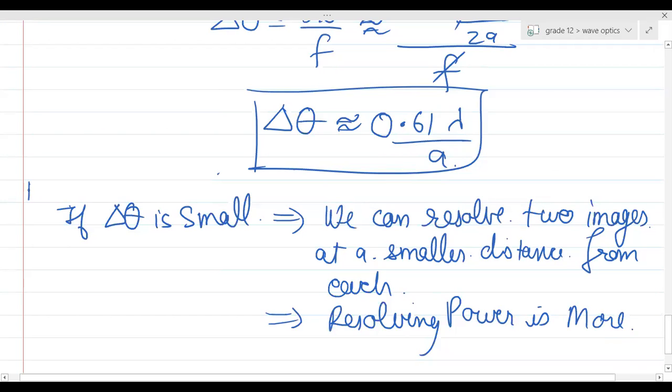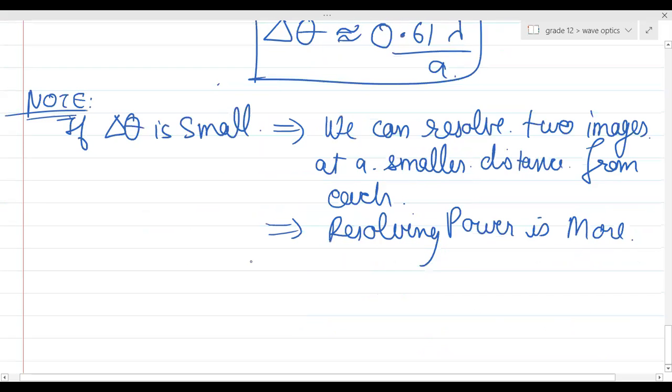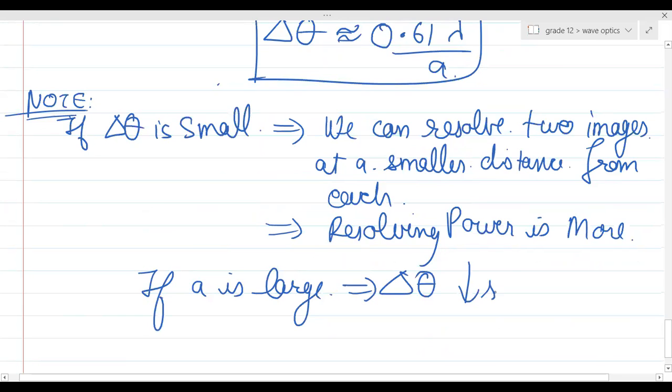Remember this. So if A is large, that implies delta theta will decrease, and that implies the resolving power of the lens will be more. Write this much.